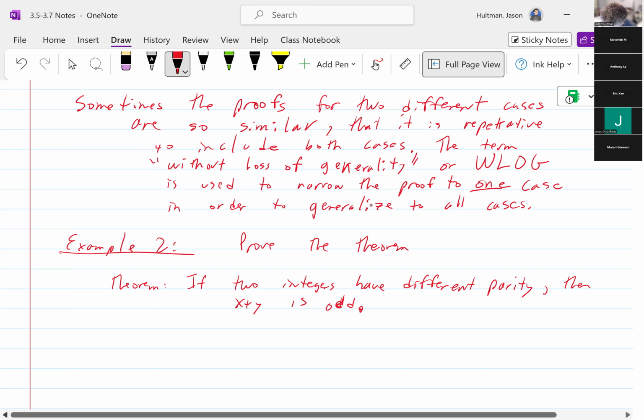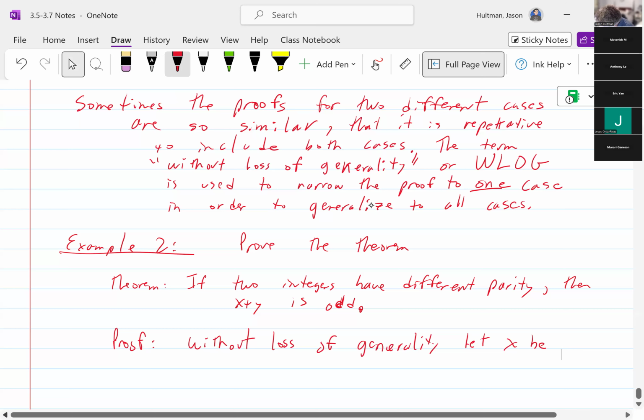So we can say in the proof, without loss of generality, let x be an even integer and y be an odd integer.